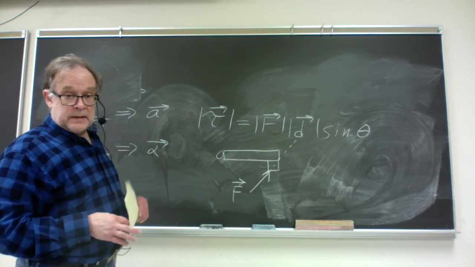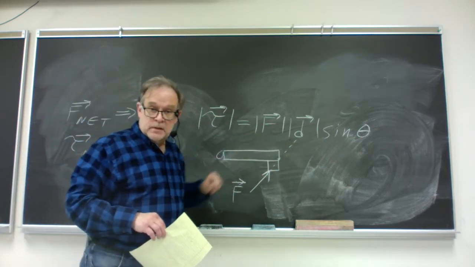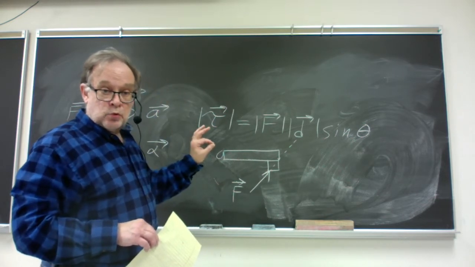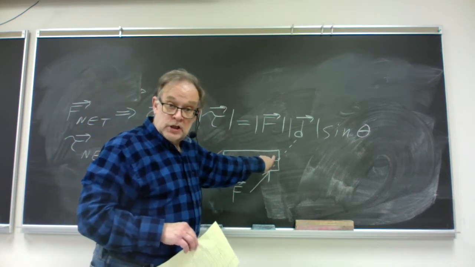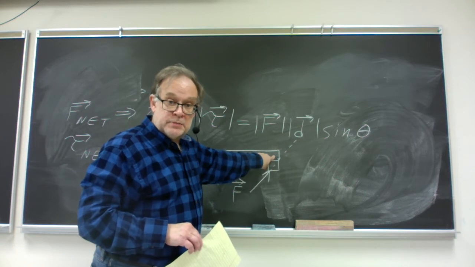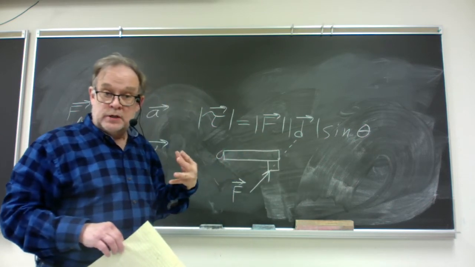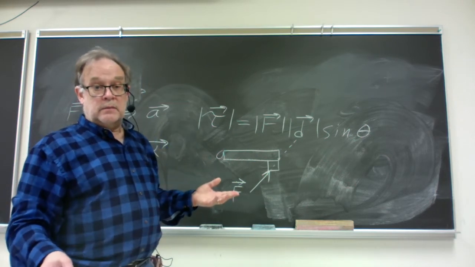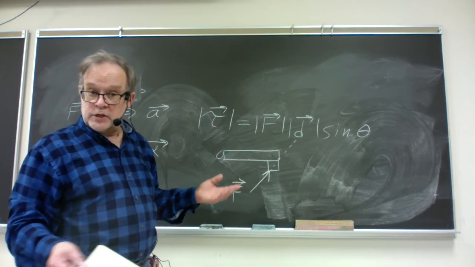So that's the force. This displacement D is always a displacement from some reference point to the point where the force is applied. So it's a displacement that's going to end up here and starts at some reference point that you choose. But usually the simplest place to choose that reference point is right at the axis of rotation.